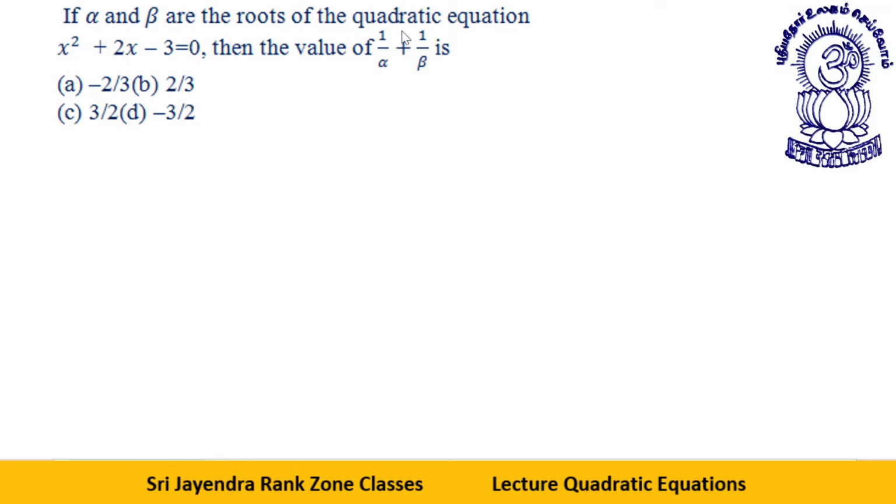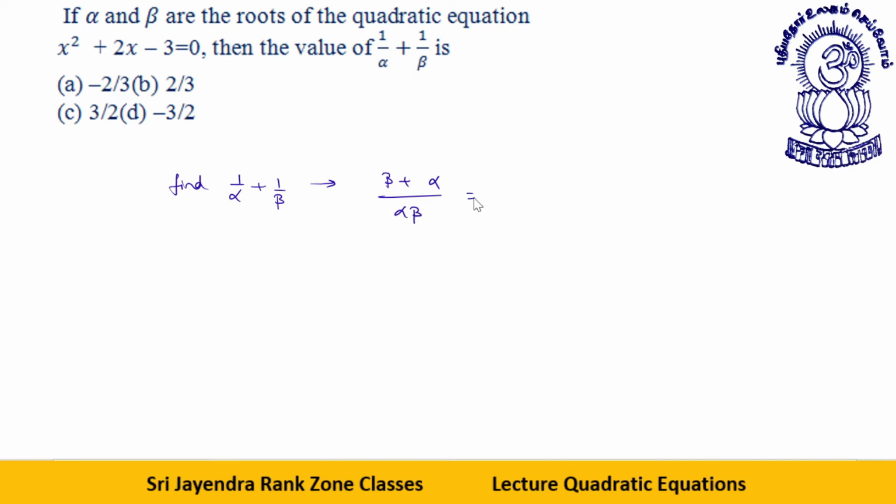Alpha and beta are the roots of the quadratic equation. Then the value of what you have to find is, first of all, 1 by alpha plus 1 by beta. That will be beta plus alpha upon alpha beta.